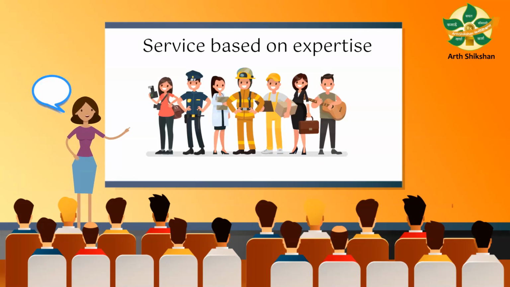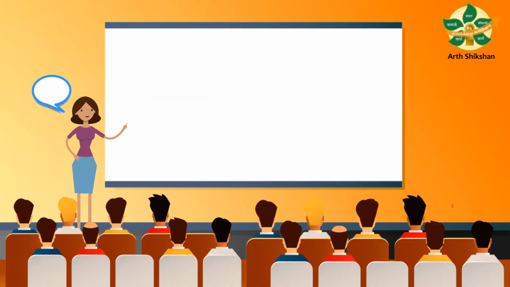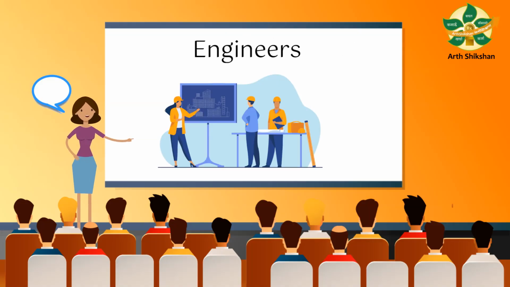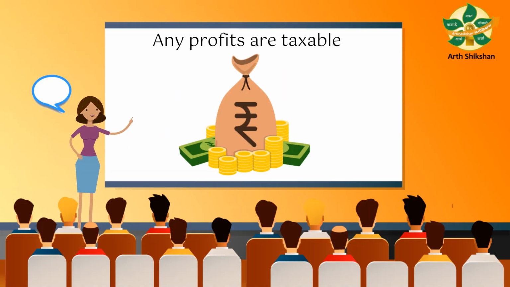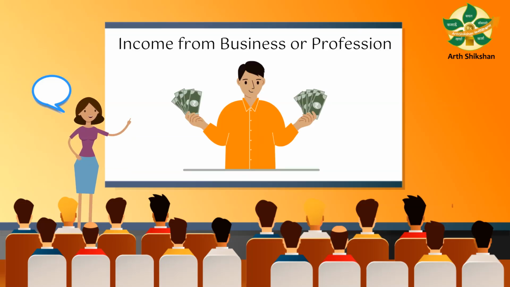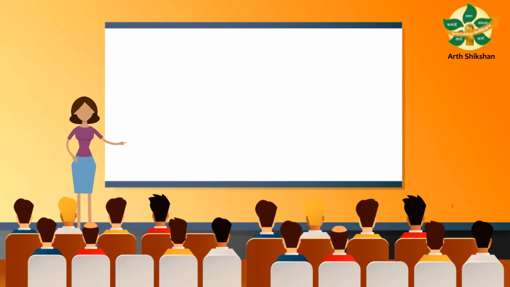Profession, on the other hand, involves individuals providing services based on their expertise and knowledge. This category includes professions like chartered accountants, doctors, engineers, and others. Any profits and gains earned by a person in this context are subject to taxation under the income from business or profession category.